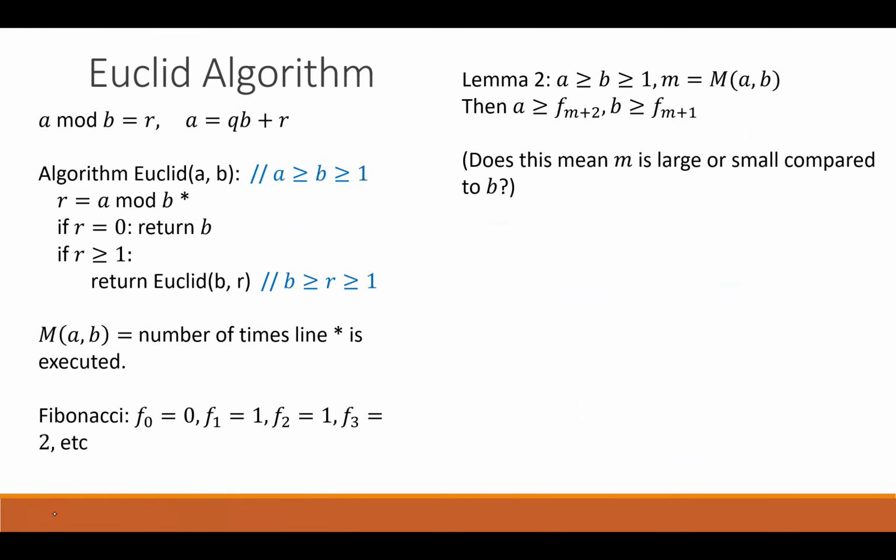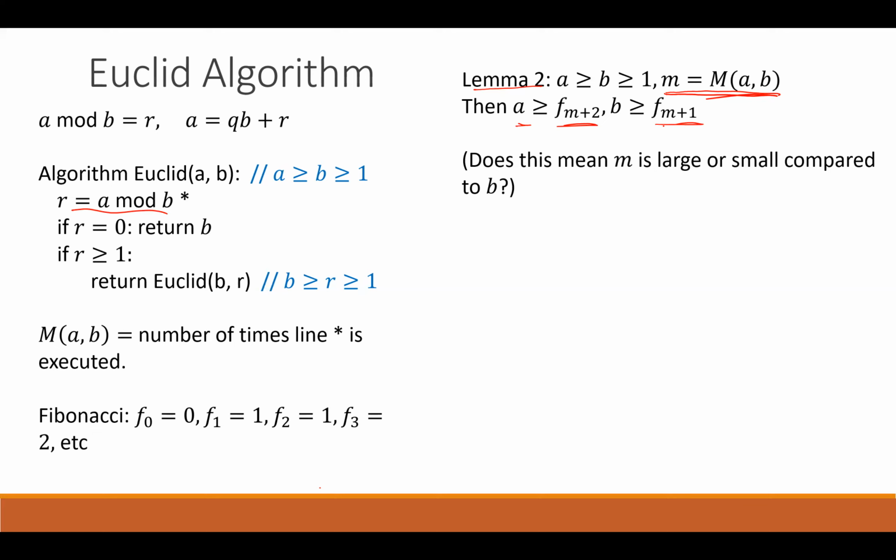All right. What we want to show then is that we're going to prove lemma 2, which is that given that my call to Euclid A B makes M recursive calls, or M calls in total, I call the mod function M times, then it must be that A is at least the M plus second Fibonacci number, and B is at least the M plus first Fibonacci number, right?